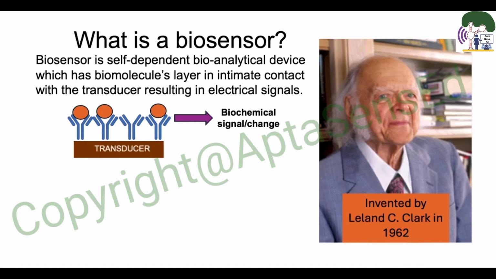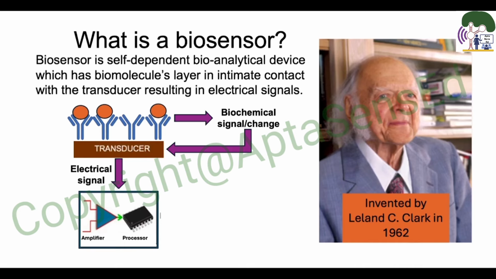Now, this signal will be sensed or detected by the transducer and converted into an electrical signal. This electrical signal will further be amplified and processed by the electronic circuit, and it will be displayed on a display unit.